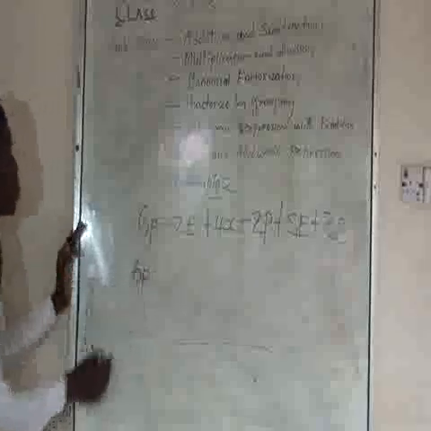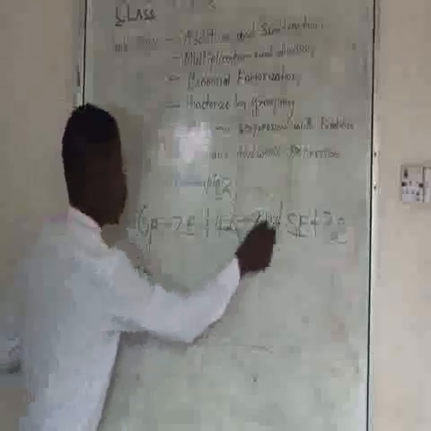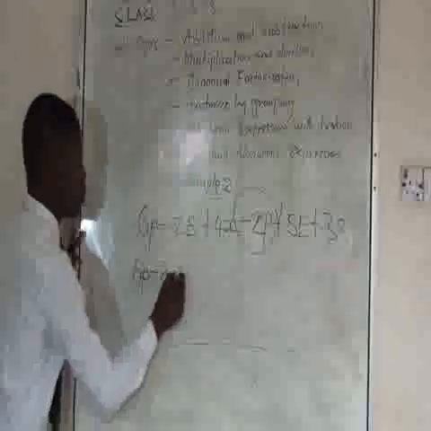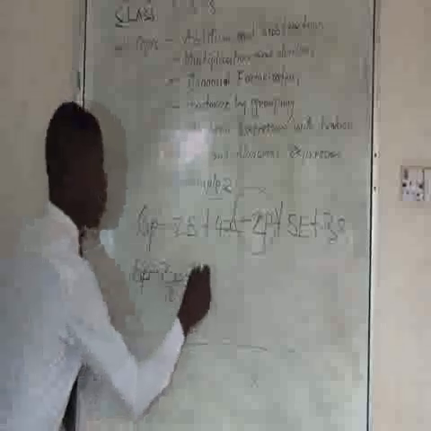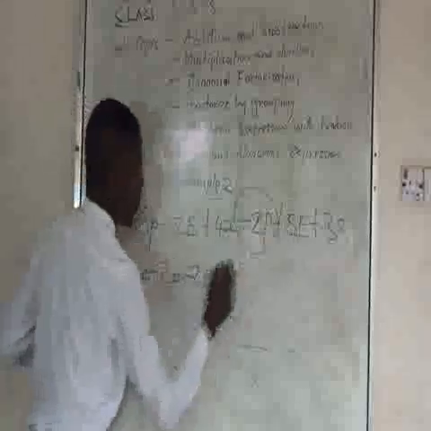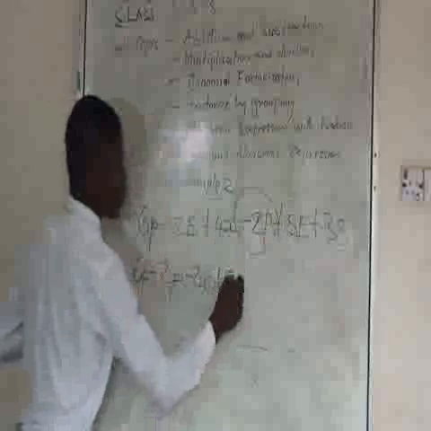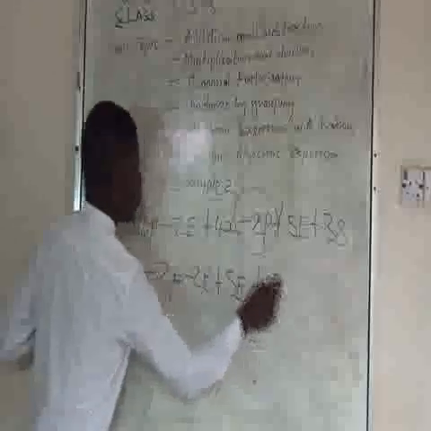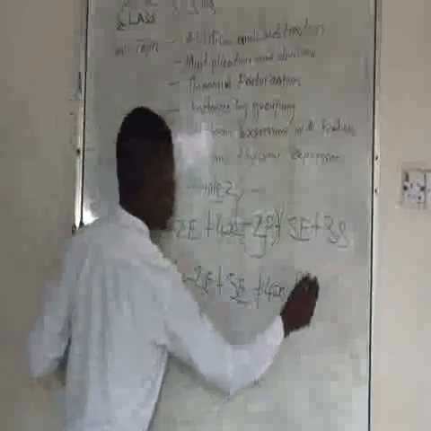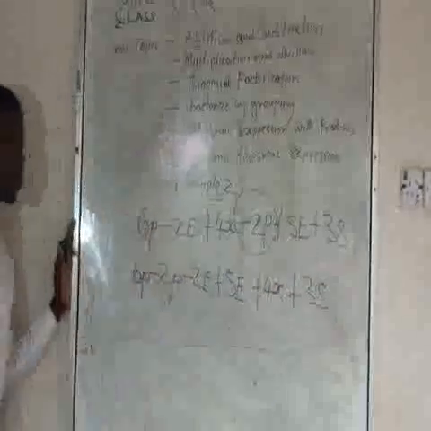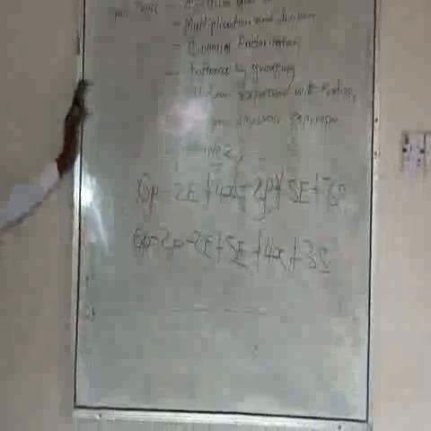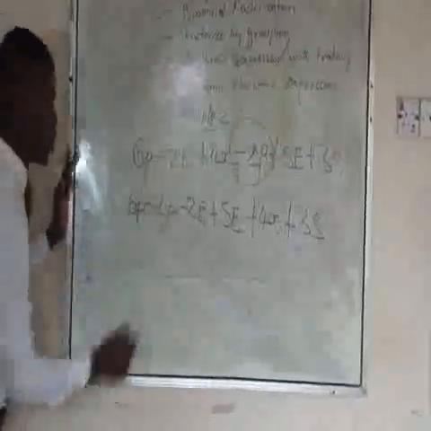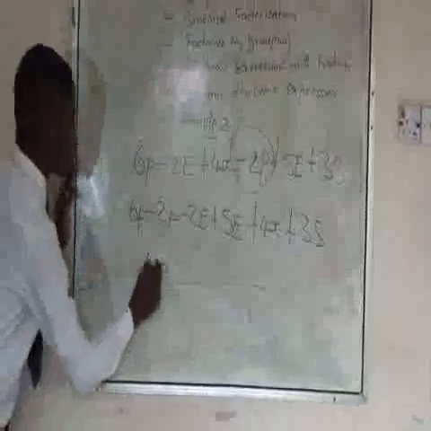6p minus 2p. This minus belongs to this 2p. Minus 2e plus 5e, plus 4x and plus 3x. Let's subtract and add. 6p minus 2p give us 4p.